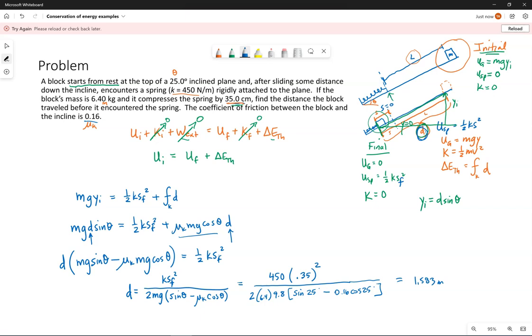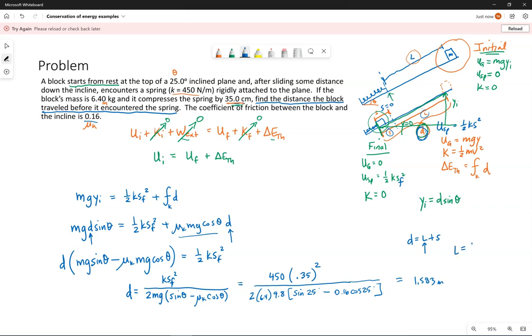This problem is asking us to find the distance the block traveled before encountering the spring. So if you noticed before, I was drawing L and S in my picture. So L representing the distance the block slides until it hits the spring, and then S is how far it compresses the spring. The problem wants L.